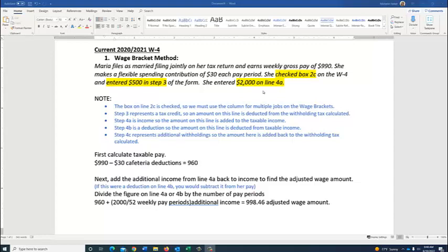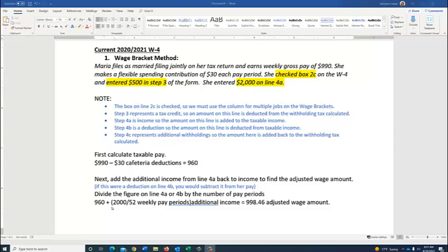So it's an annual figure, so we need to adjust it based on the number of pay periods. So she gets paid weekly, and there are 52 weeks in a year. 2,000 divided by 52 weekly pay periods gives us $38.46 of additional income.